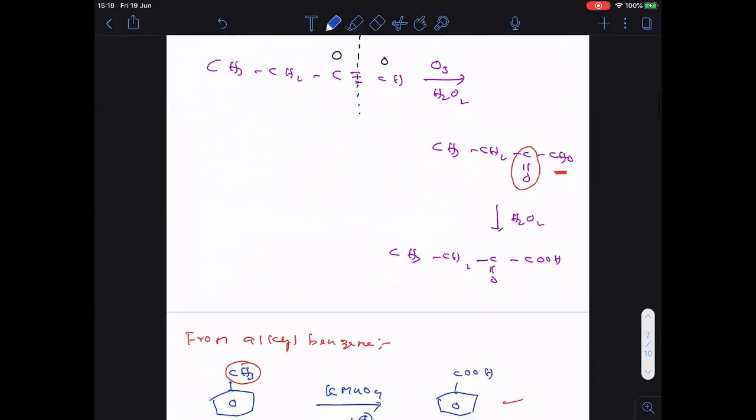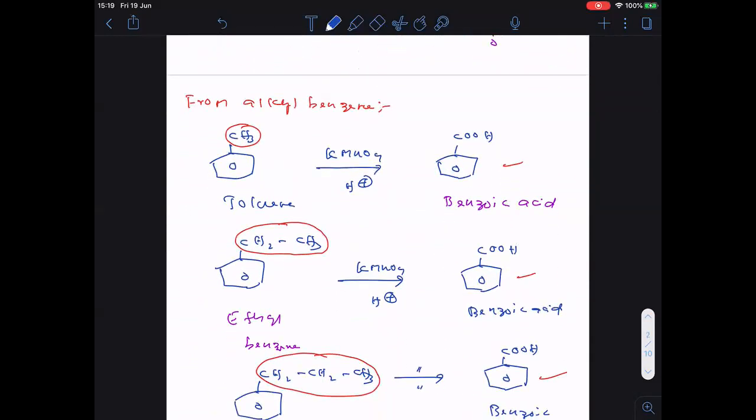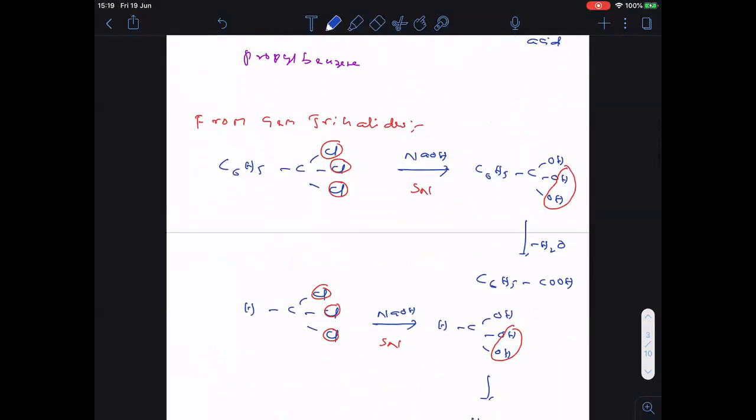Next, from alkyl benzene. Next one, from trihalides.